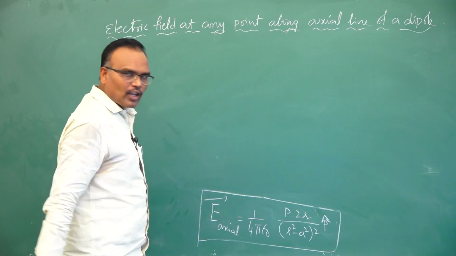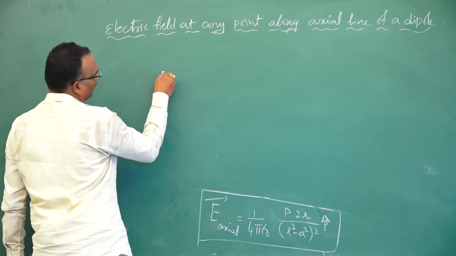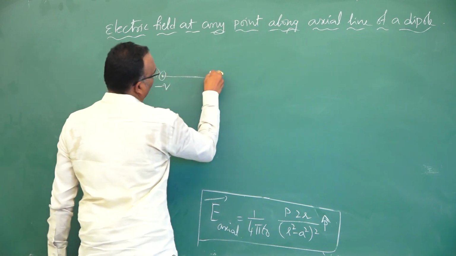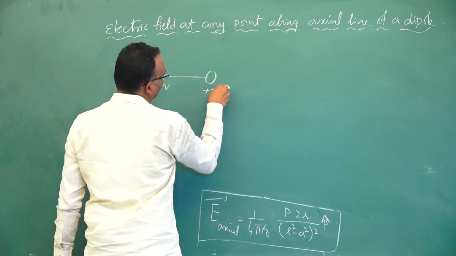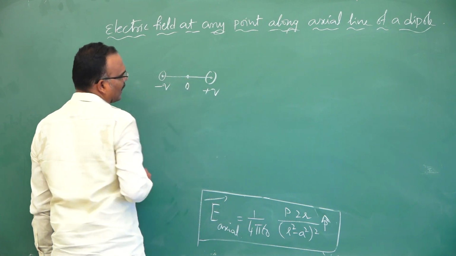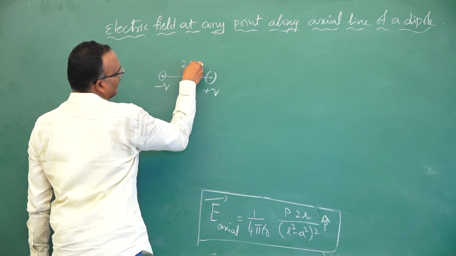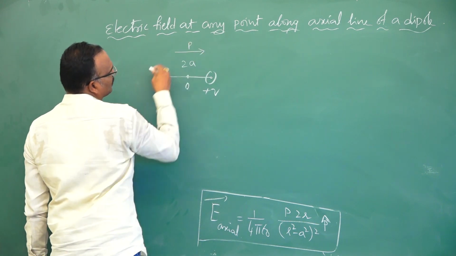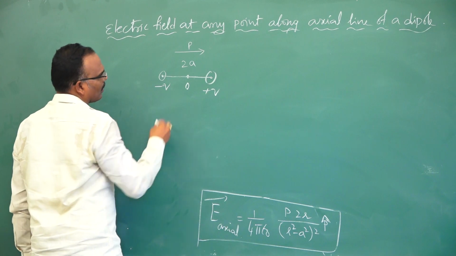See, we will see in case of short dipoles, that this charge is negative charge and this is positive charge. This is the center of the dipole, this is the length of the dipole, and dipole moment will be from negative charge to positive charge.